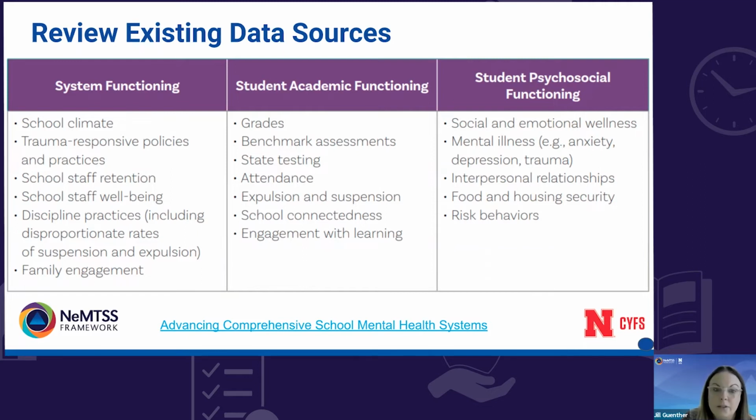And then from student psychosocial functioning: social and emotional wellness, mental illness, interpersonal relationships, food and housing security, and risk behaviors. Like I said, this chart does a nice job of really taking a look at some of those areas.